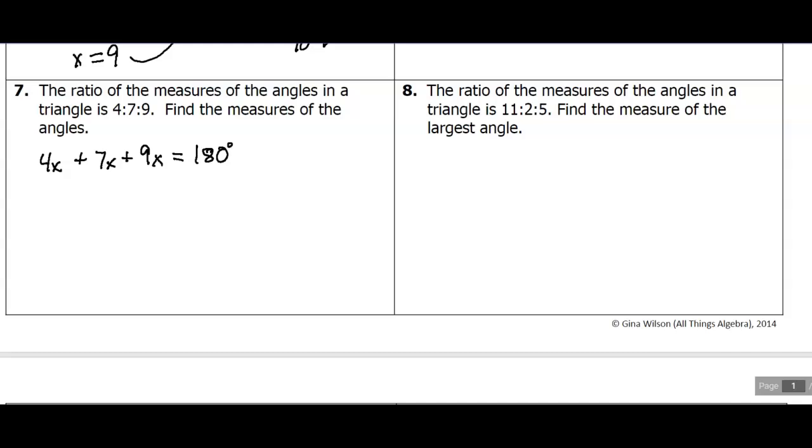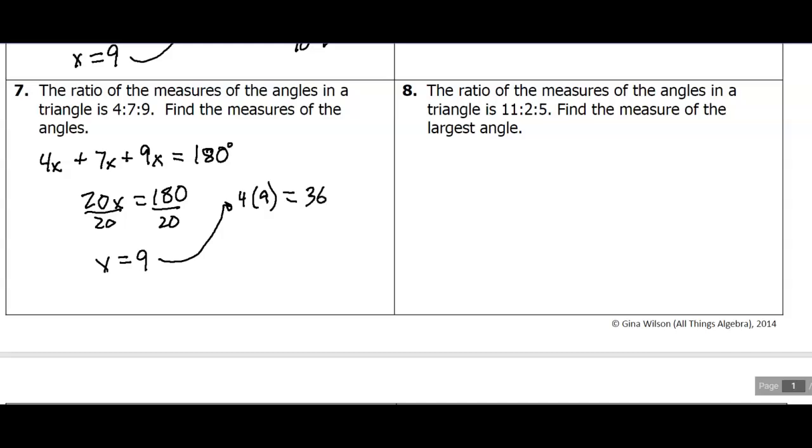So now if I combine like terms again, I have 20x is equal to 180. Divide both sides by 20. And again, I get that x is equal to 9. So this is coincidentally. All right, so now I can find the 3 angles here. I have 4 times 9. That's for my 4x.